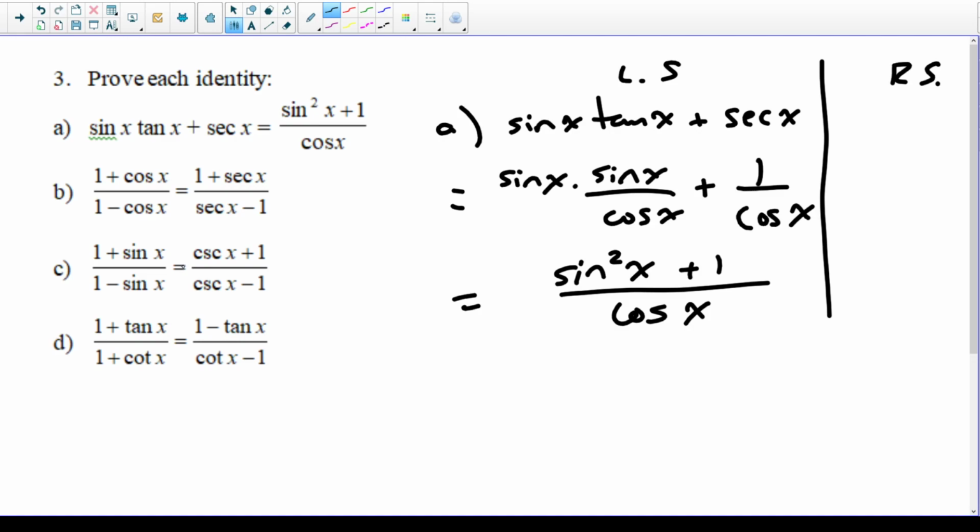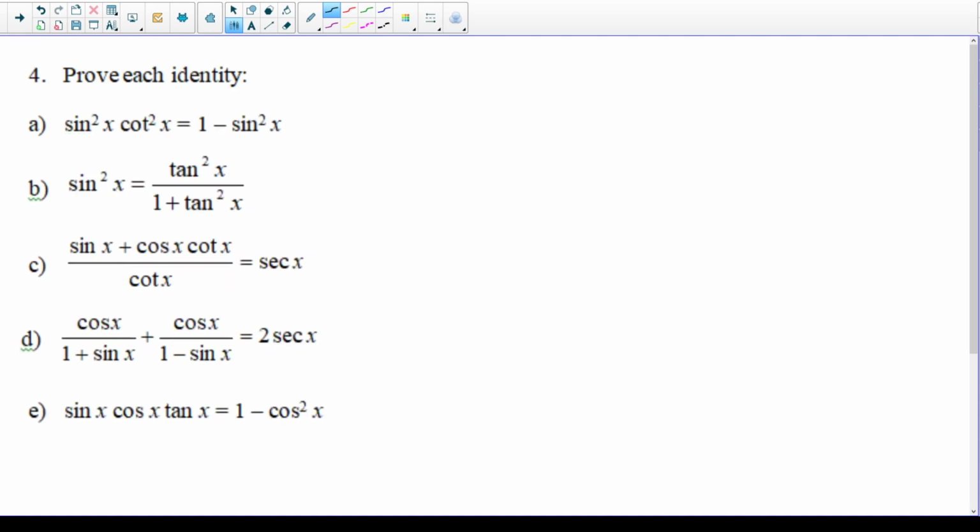So I'll give you a few seconds to let me know if you want me to do B, C, or D in number 3. Okay, so I'm not seeing any questions coming up, so I'll move on to number 4.